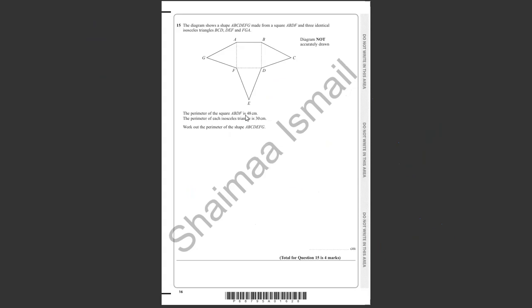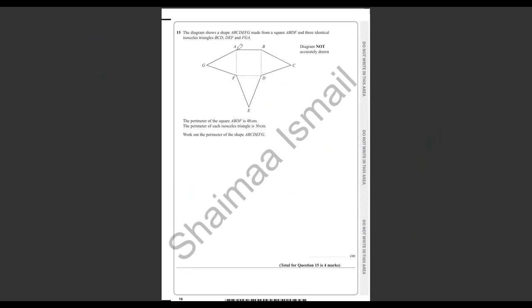Question number 15. Here I'll give you the diagram. It seems like a square-based pyramid, but missing one triangle here. So, okay, let's see it. The diagram shows shapes A, B, C, D, E, F, G, A, made from a square base A, B, D, F, and it's a square.